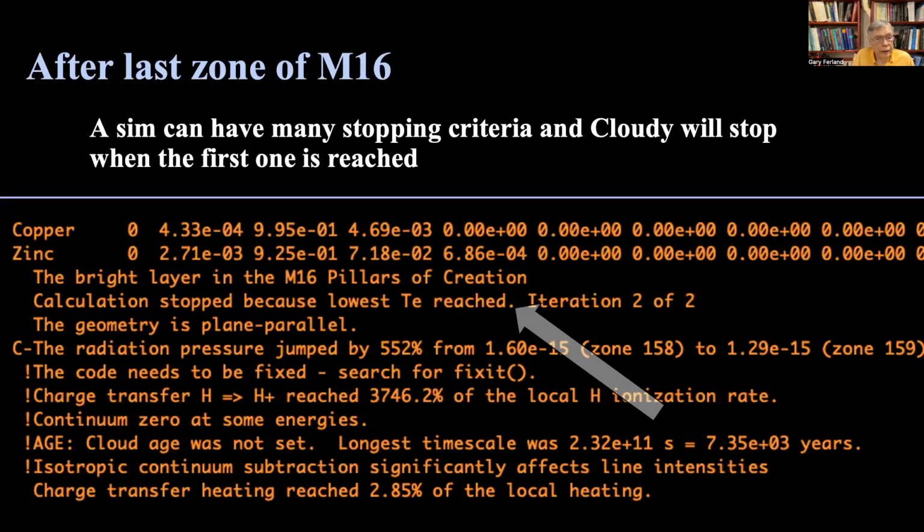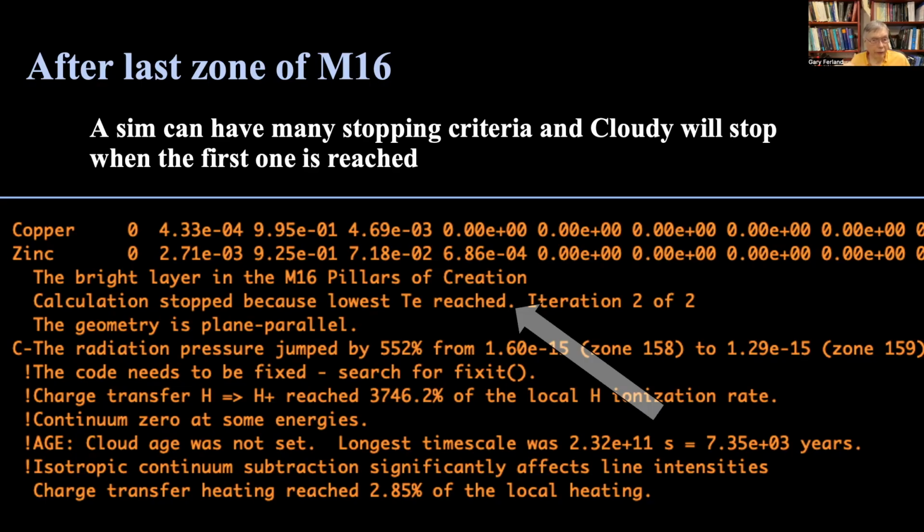This is the tail end of our existing M16 simulation, and it shows in the second line after the last zone the reason why it stopped. So we have here the tail end, the copper and zinc ionization is the last zone result in the M16.out file. And then the first line of text after zinc is the title that we set for this model with the title command.